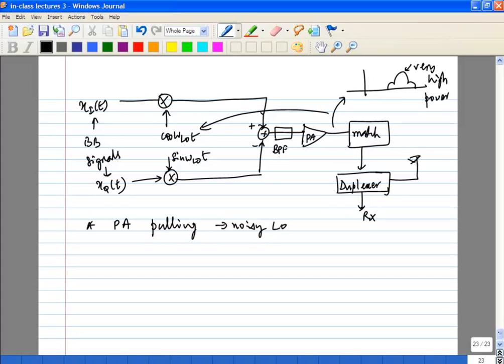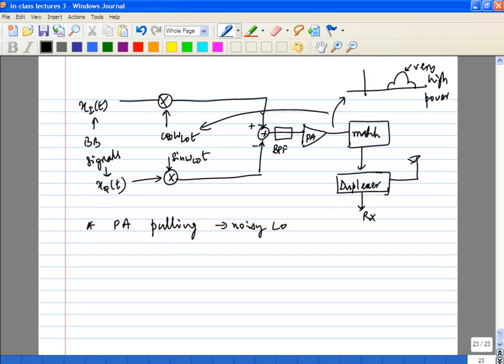There are some systems where your PA switches on and off to save power, because if you take a transmitter, the PA will be the number one power hungry block, since it's outputting around 1 watt of signal, while the signal going into the PA will be much smaller. So if you are not transmitting, you try to turn it off.